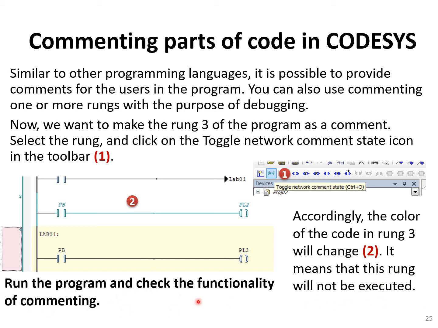Run the program and check the functionality of commenting. Okay, so always have your Codesys open, program it step by step, and check the functionality of the program and see how you could basically use these labels.